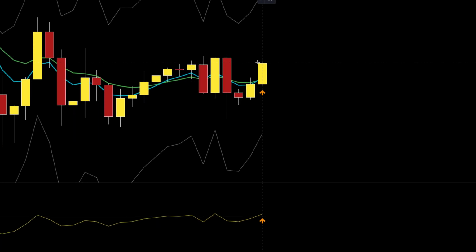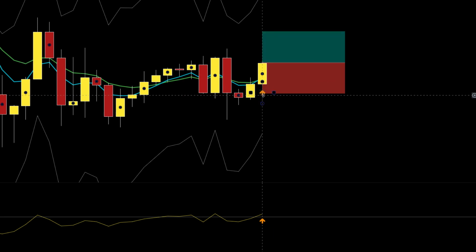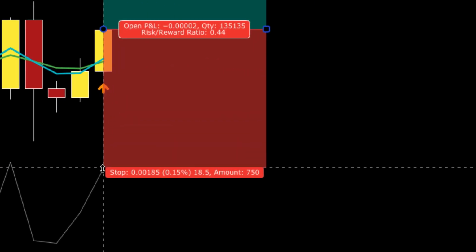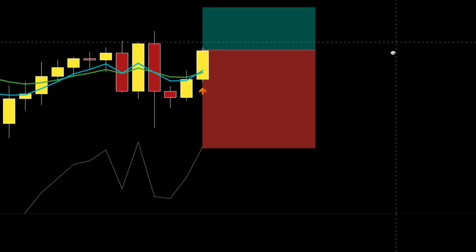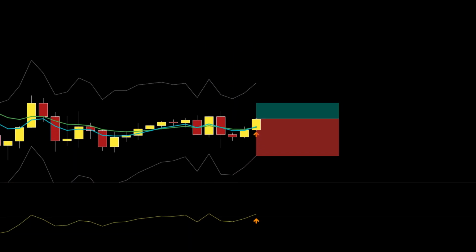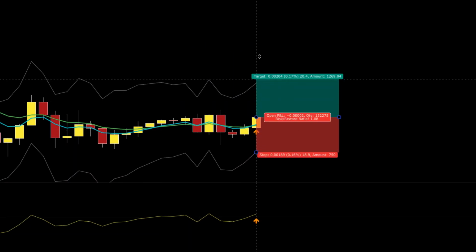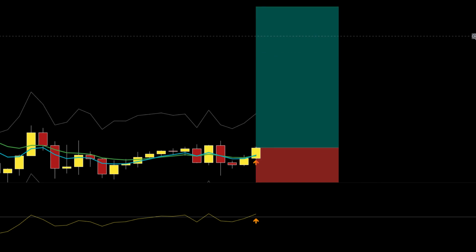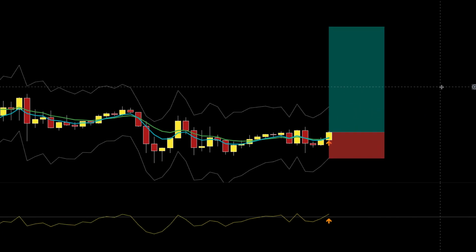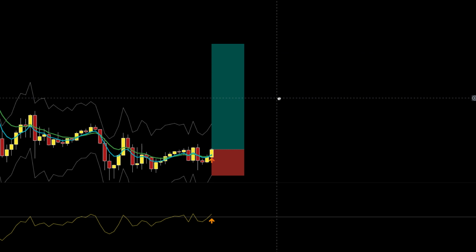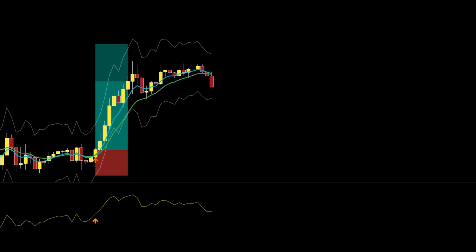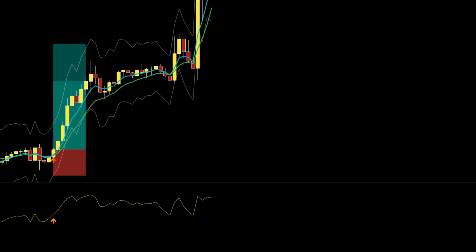We are going to put our buy tool there and put our stop at 2 times ATR. And we are going to target 4 to 1. And let's see how this plays out. And that one is a winner.